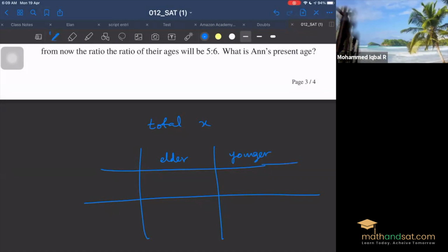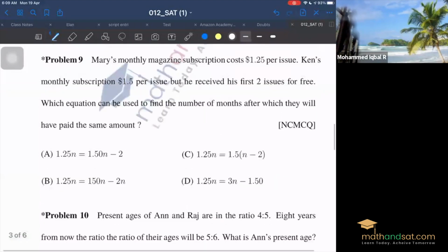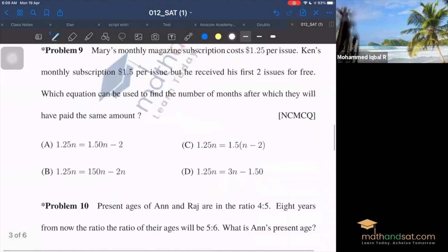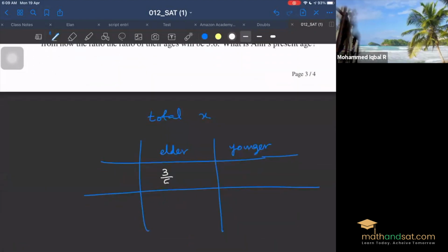Now in the first row, I'm going to represent the amounts they have got as a fraction of the total amount. So the elder son receives 3/5 of the amount. So he's going to get 3/5 of X.